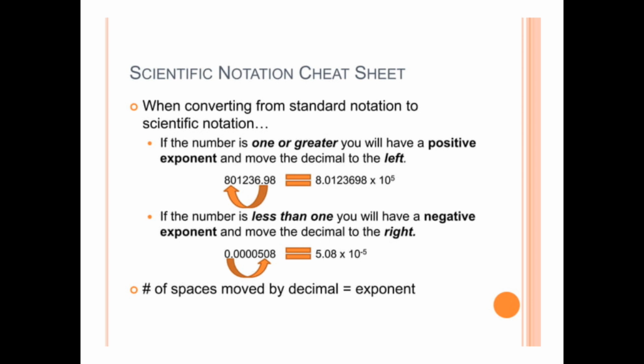Now the first thing you need to know is that, like we have said, if the number is 1 or greater than 1, you are going to have a positive exponent. It is when the number is less than 1 that you are going to have a negative exponent. In this case, this number is greater than 1.